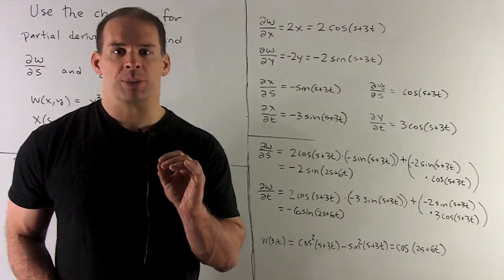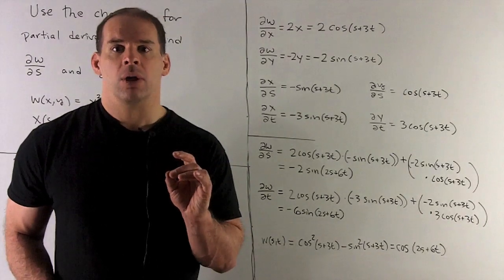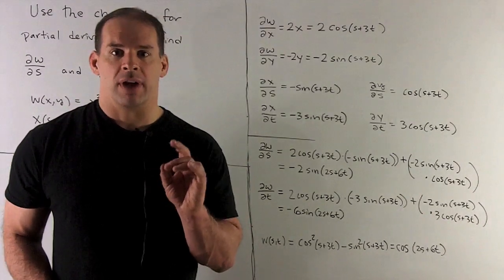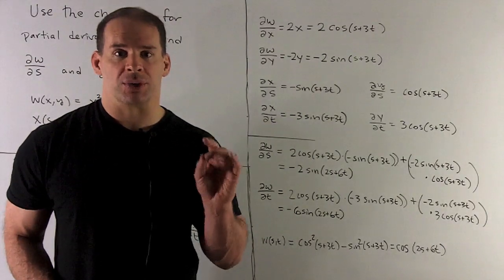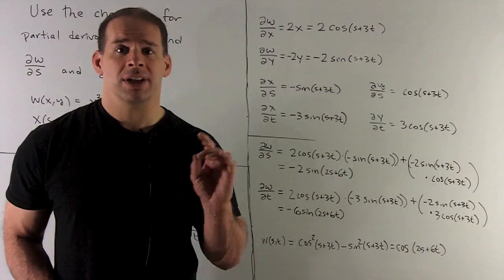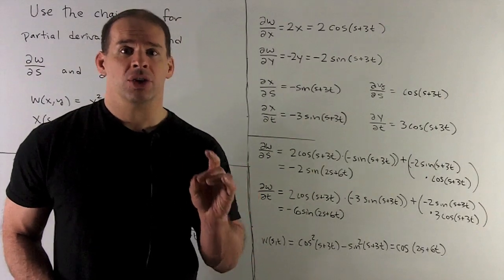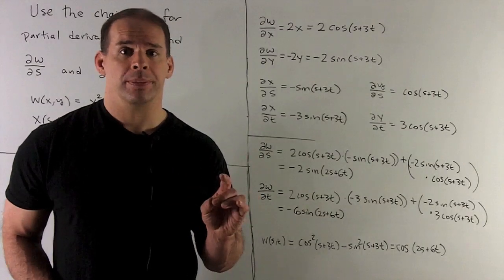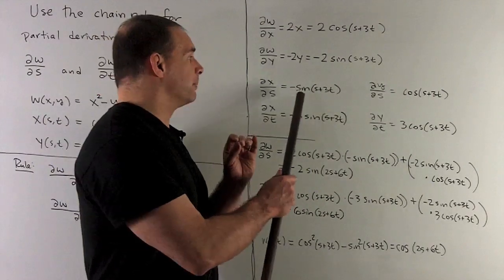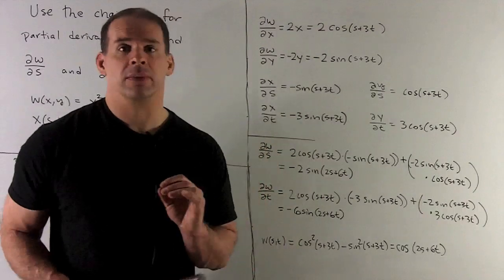I want the derivative with respect to s, so we'll use the chain rule. Derivative of cosine is minus sine. Inside is s plus 3t. s is our variable, t is treated as a constant. Derivative of s plus 3t is going to be 1. So we get minus sine of s plus 3t.